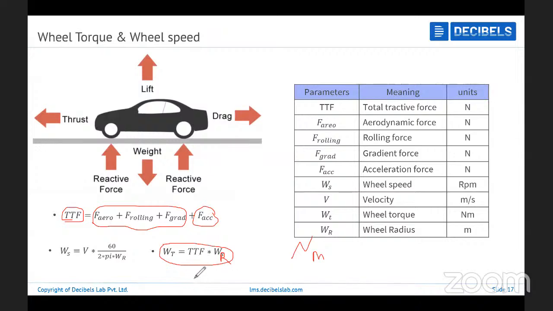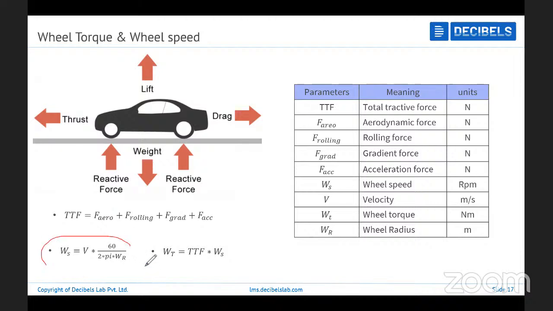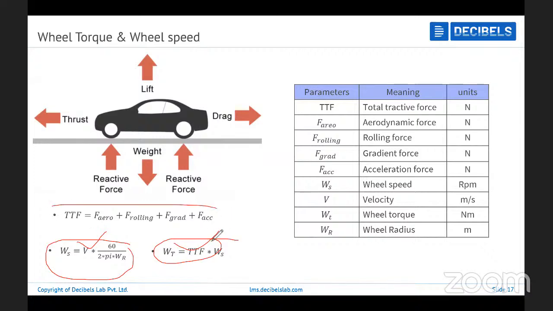Force will be in Newton, and the radius of your wheel will be in meter. Using this equation we'll be calculating wheel speed. These are some basic engineering equations which you study in the basics of engineering, along with the conversion of speed into RPM. Just try to note down these equations, as we'll be using all of them in the calculation part.